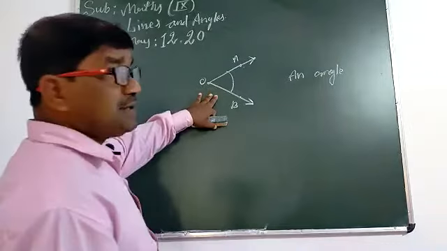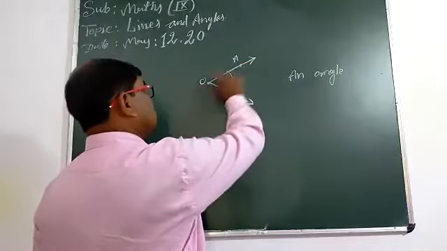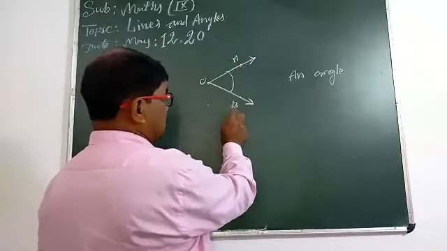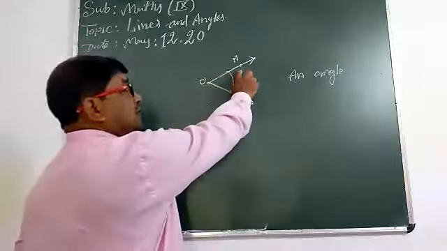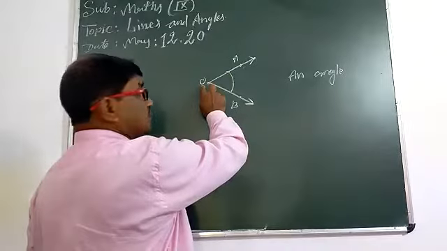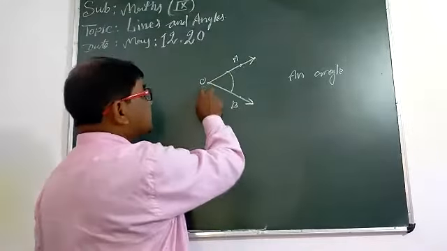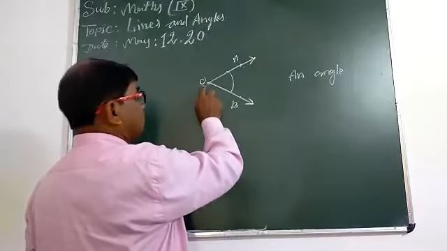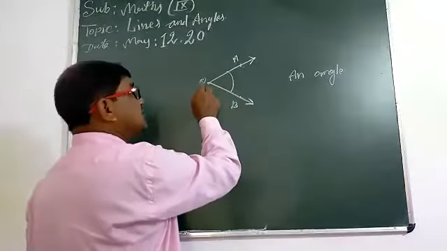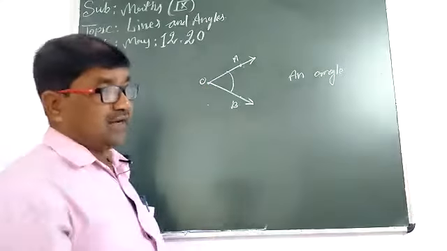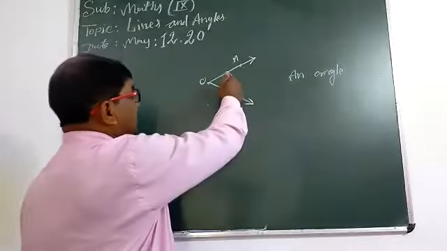Try to understand. There are two rays here, one is OA, another is OB. The initial point of the first ray is O, and the initial point of the second ray is O also. So these two rays start from the same initial point, inclined to each other.